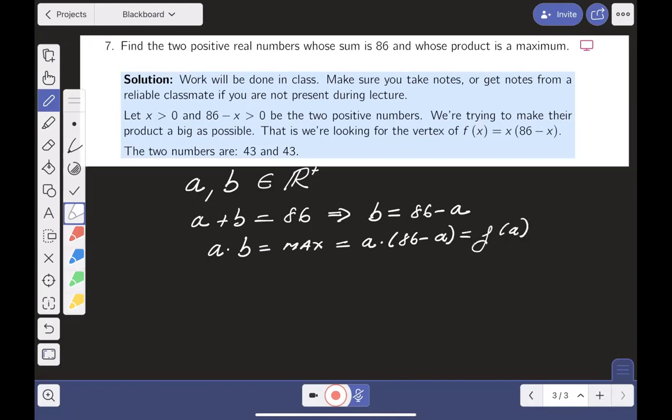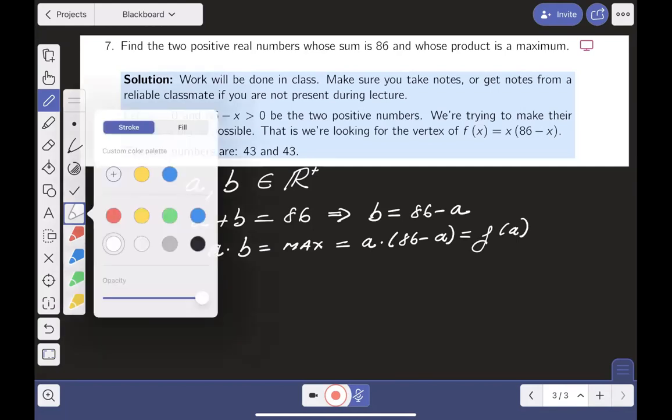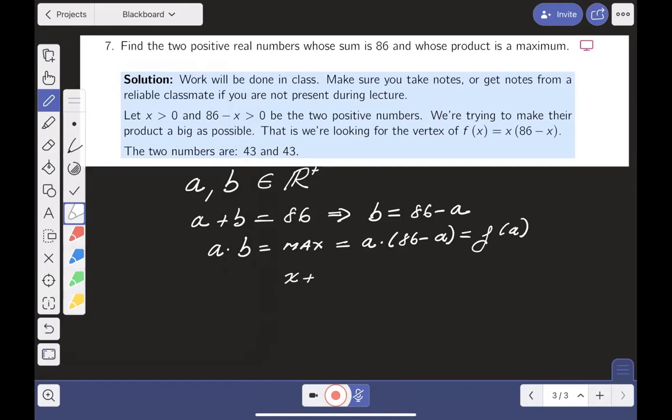By the way, a lot of people get creeped out by the letter. They say, I don't want to use that letter A. I want to use X's. You can do that. All right. I'm actually going to do that for you. Let me write this down. X. Just changing my letters around because people get very frustrated with the letter choice.